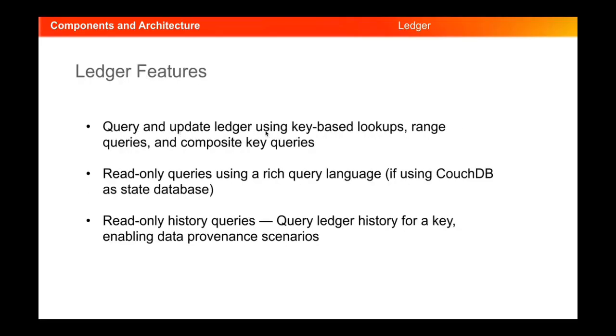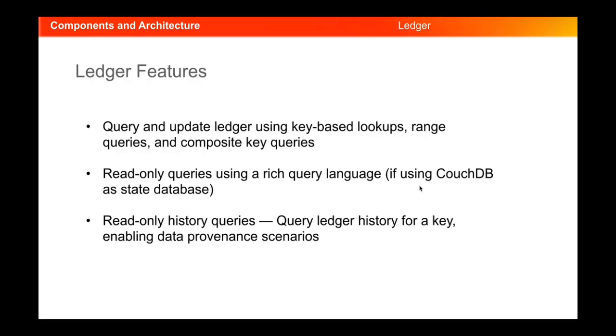You can query and update the ledger using key-based lookups, and range queries and composite keys are possible. Read-only queries use a rich query language, which can be used if you are using CouchDB as your state database. CouchDB is really good if you include it in your project, where you can actually run rich queries.